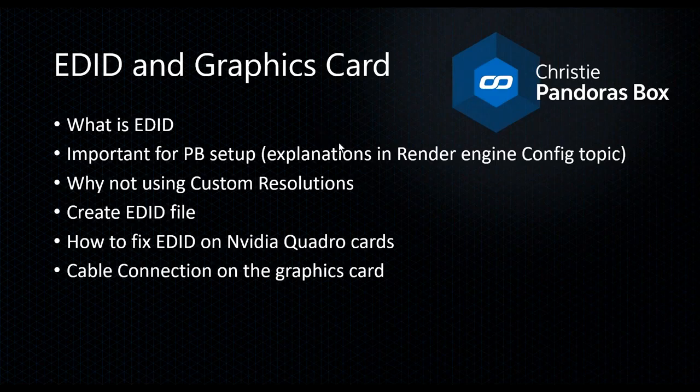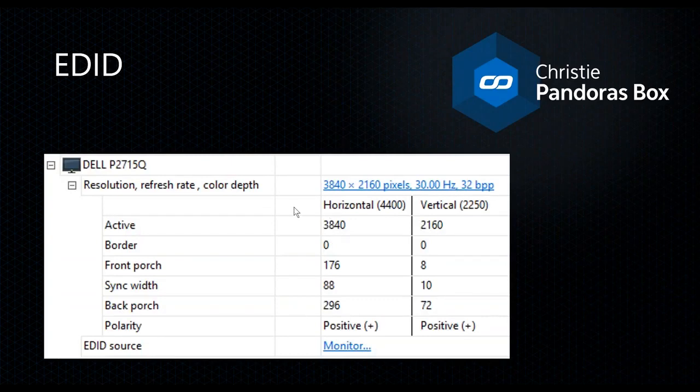So what is EDID? EDID is basically the information the display sends back to the graphics card in which dimension and which parameters the signal has to be transmitted to be able to be shown on screen. And this normally looks like this. So these are some of the parameters the EDID is transmitting back to the graphics card.